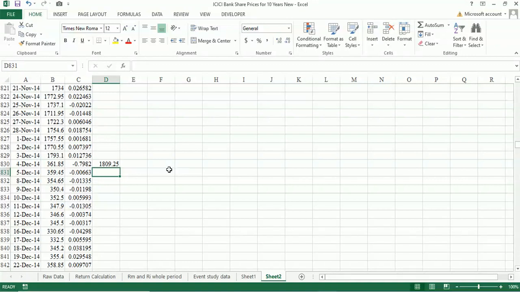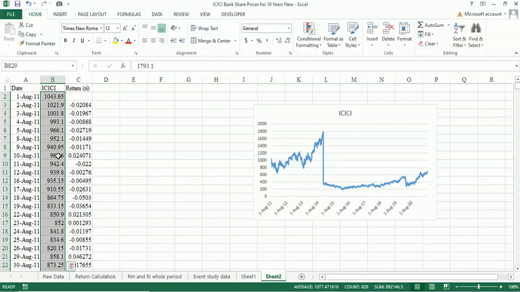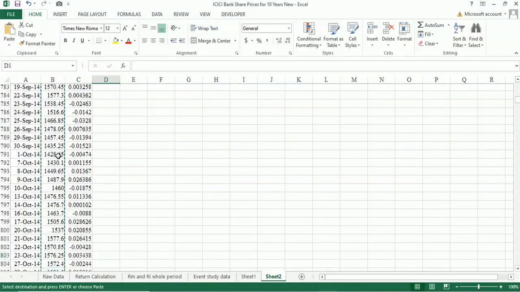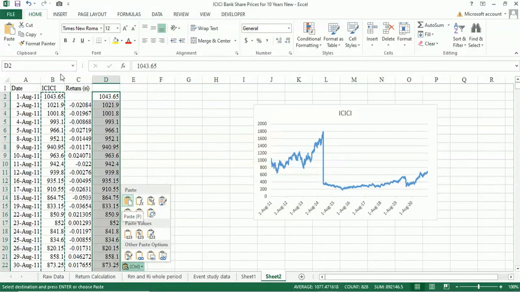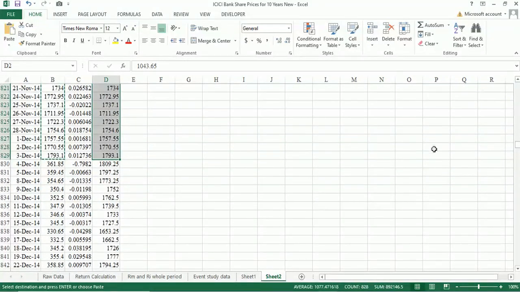We will continue this for all the remaining days, and before the split date I have the previous share price, which is actually obtained from the market.